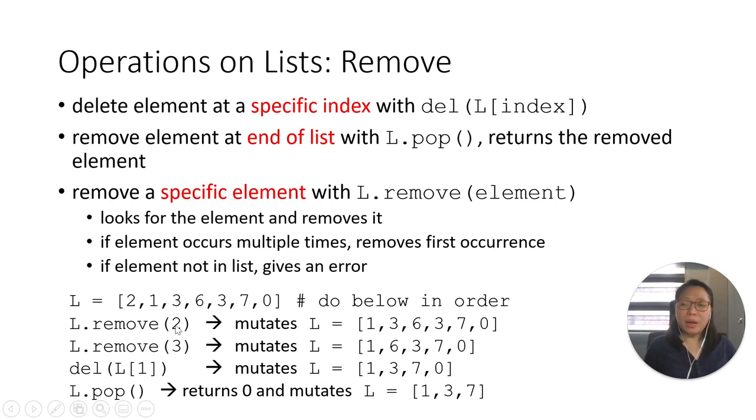So let's take a look at these examples. We have a list variable that binds to this list object. This contains 2, 1, 3, 6, 3, 7, 0.